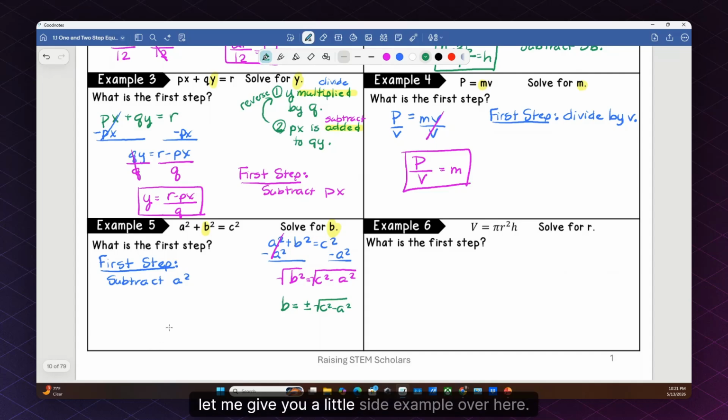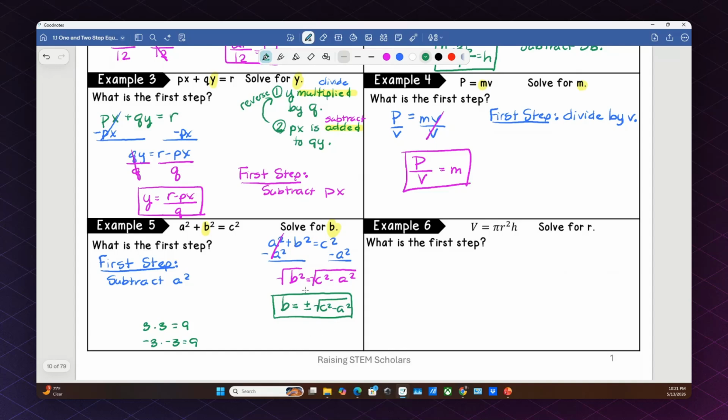Well, let me give you a little side example over here. If we say we need to make 9, we have two ways that we can make 9. We can do 3 times 3, which would be the positive version, but we can also do negative 3 times negative 3, and that would give us 9. So I'm not so worried about if you're writing plus or minus there at this point in this game, but you do need to feel comfortable taking the square root.